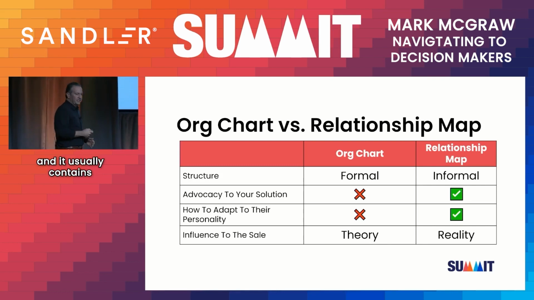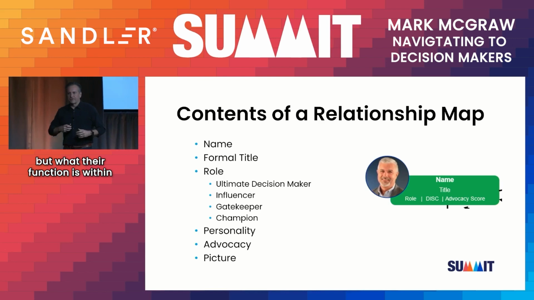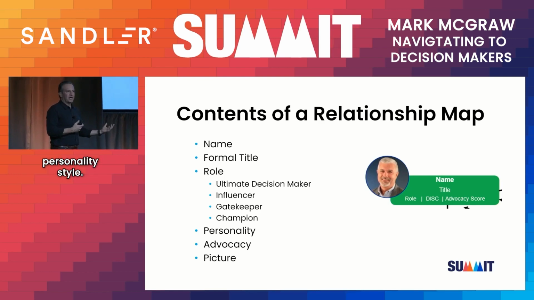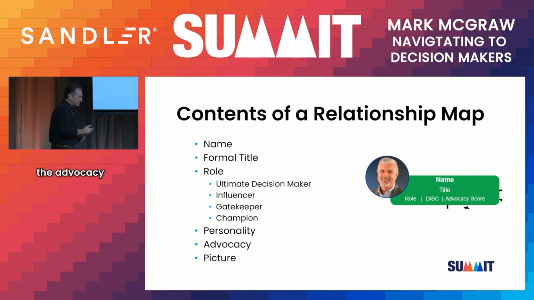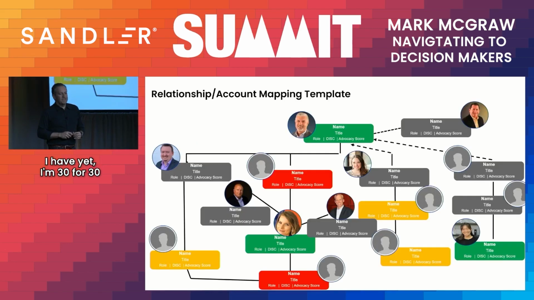And it usually contains a few pieces of information like this, okay, the name, the title, the role, what their function is within the organization, their personality, what personality style, how are you going to adapt, the advocacy. I've probably over the last couple of years built 30 plus of these with clients.